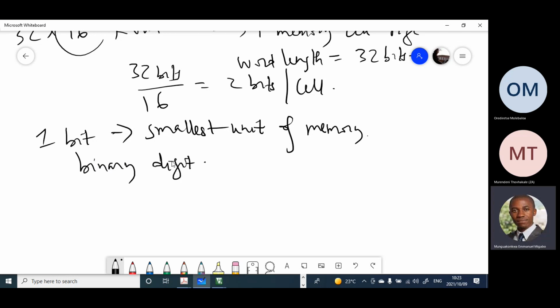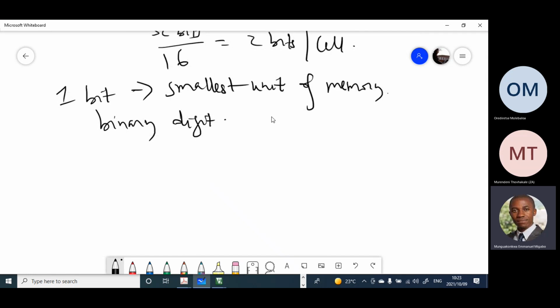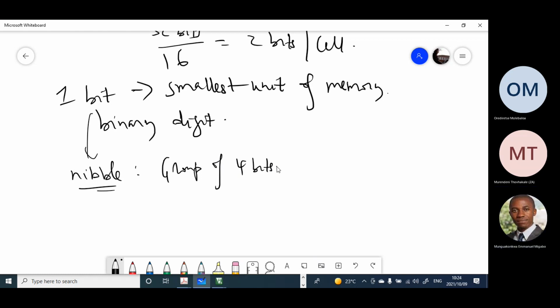Which means anything else is a multiple of bits. And in terms of memory organization, I want to draw your attention to the next grouping of bits, which is what we call a nibble. Whenever we speak about a nibble, you'll know it's a group of 4 bits. Then you've got a byte, which is a group of 8 bits.